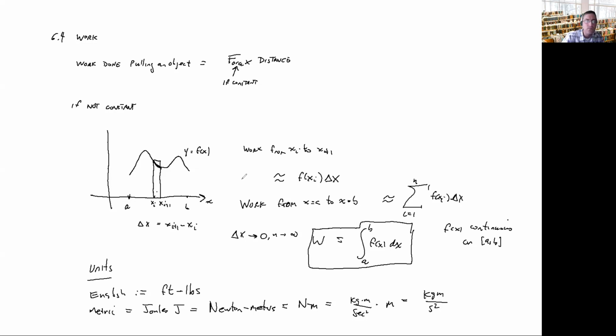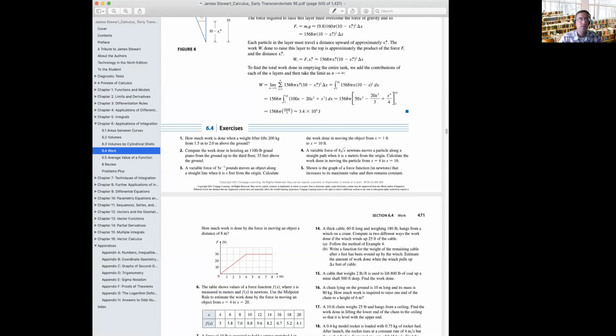Okay, so now I'm going to do a problem from the text. Let me pause for a moment and pull up the text. So I'm going to be doing problem number 3, which is a variable force of 5x to the minus 2. This is problem number 3 on page 470 in the exercises of 6.4.